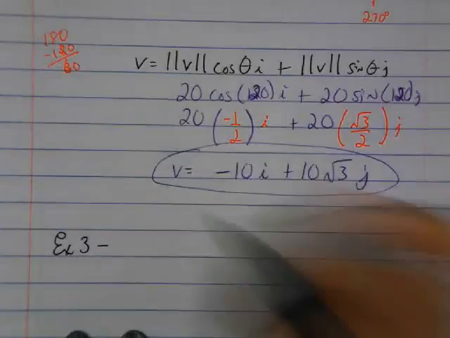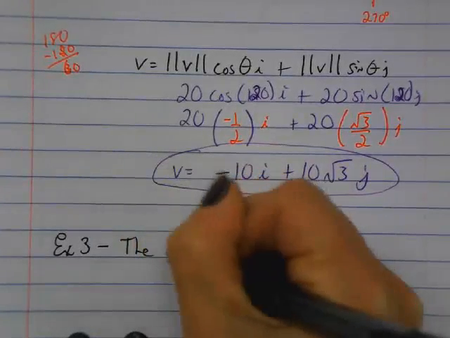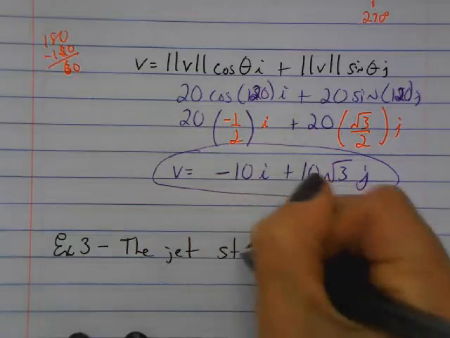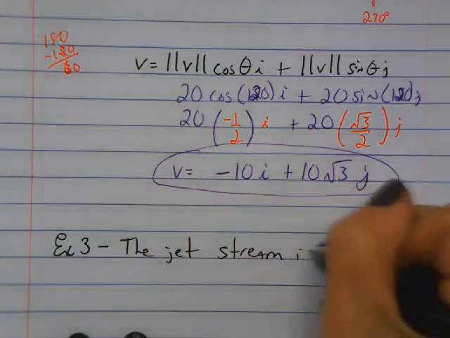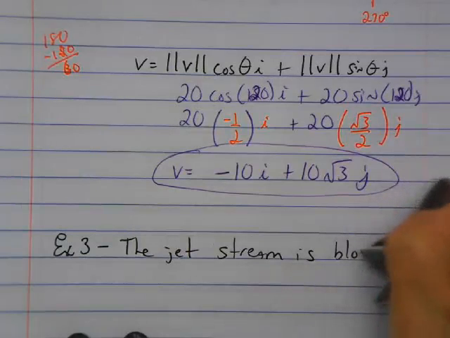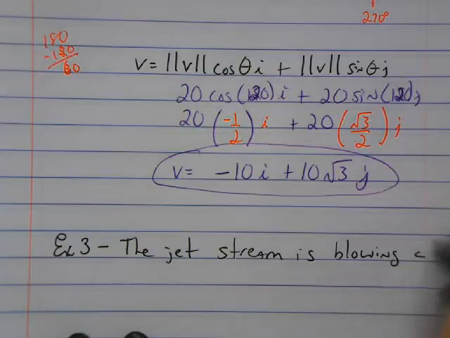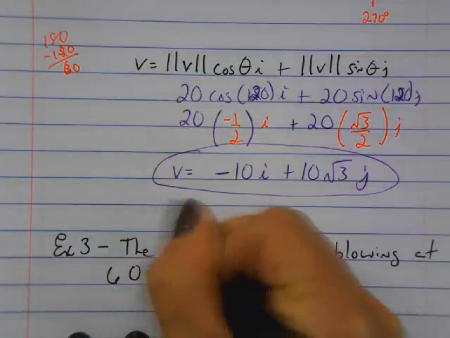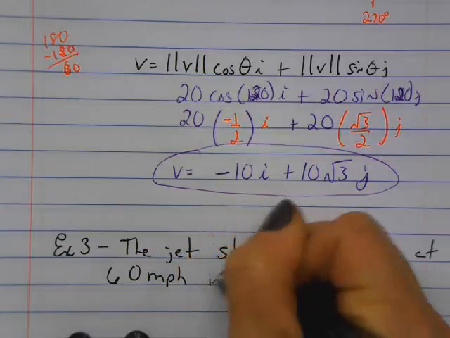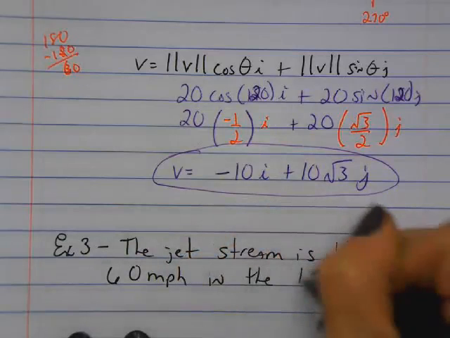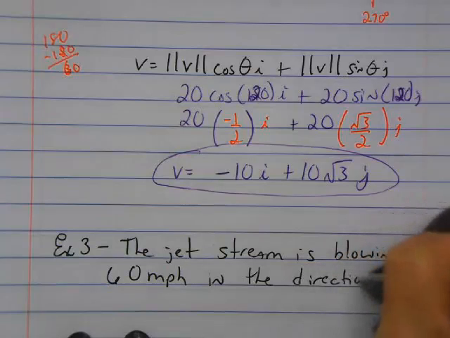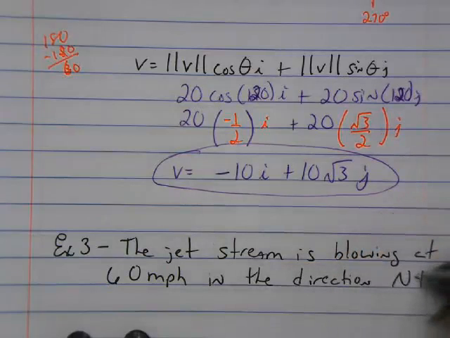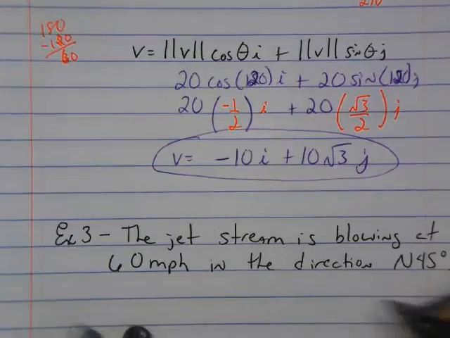The jet stream is blowing at 60 miles per hour in the direction north 45 degrees east. Express this as a vector.